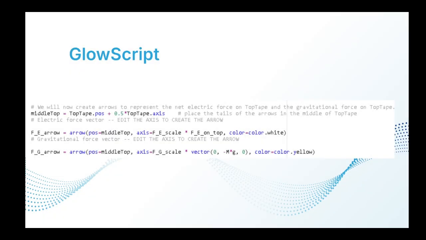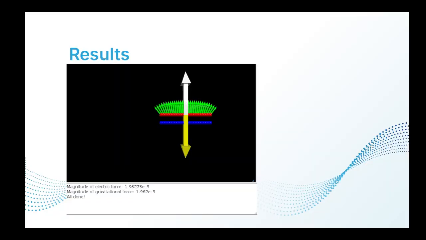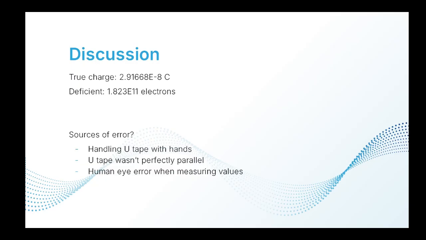Then this is just the script to calculate the arrows, and this is what we got. 1.96 e to the negative 3 was the force, and it looks pretty good. So the true charge we found was 2.916 e to the negative 8. Still deficient 1.8 e to the 11th electrons.